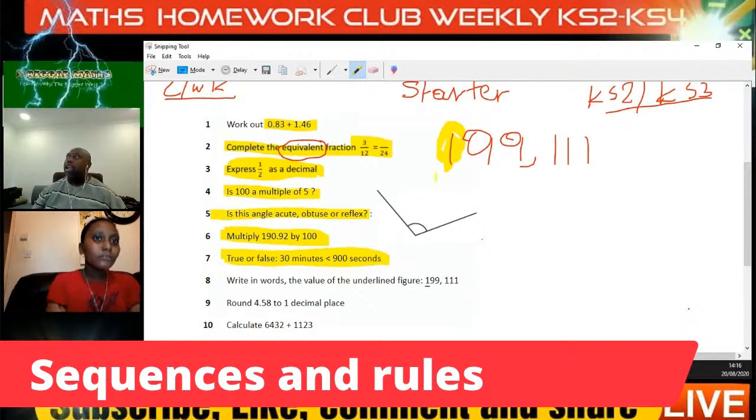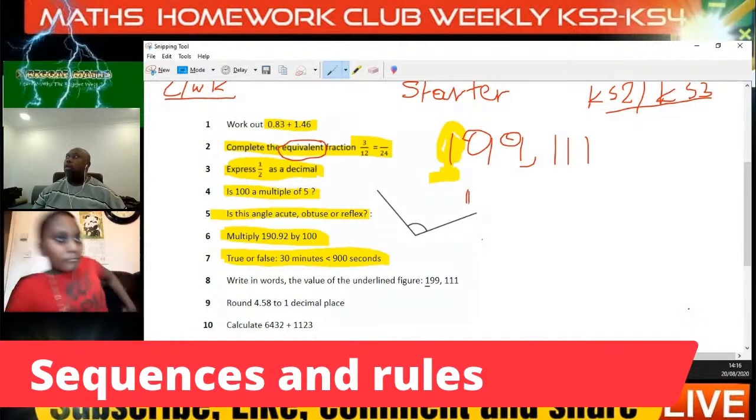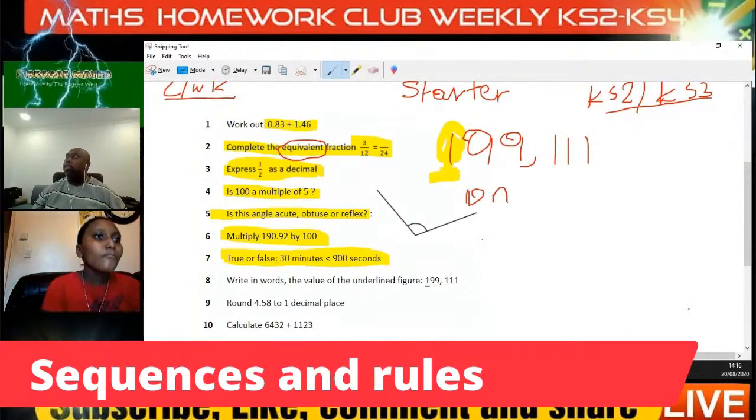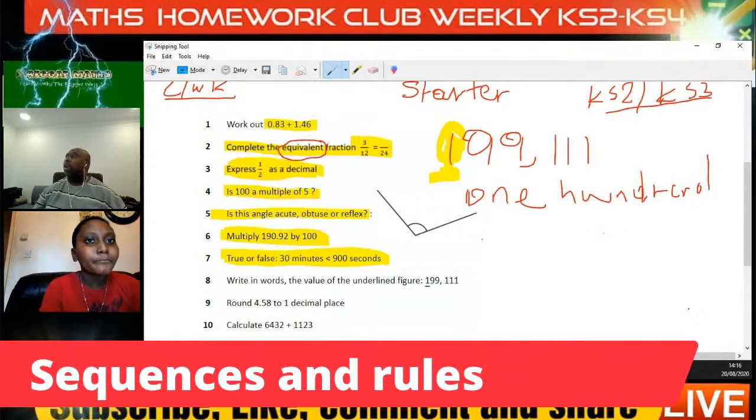So here we go. This figure here is underlined. Basically this is 100, then 1,000.